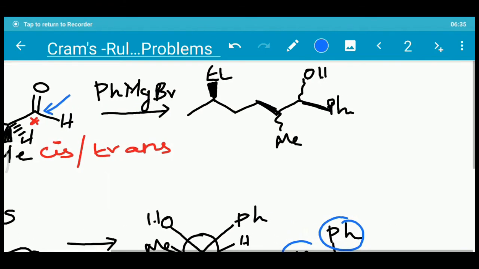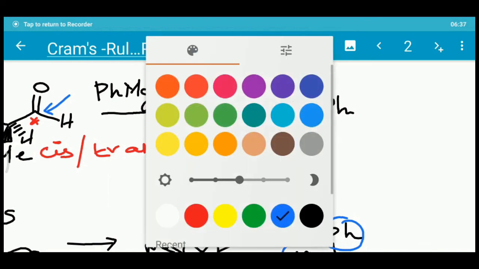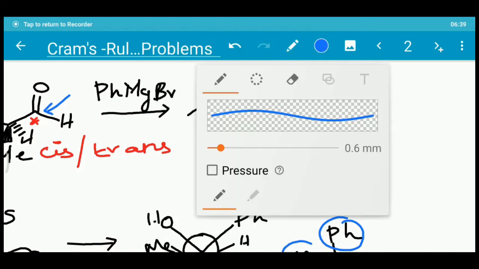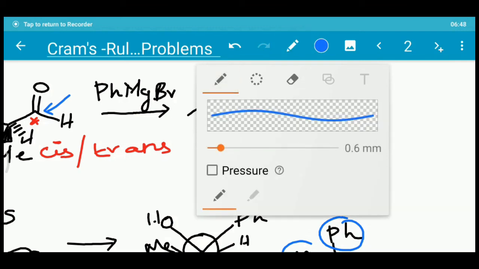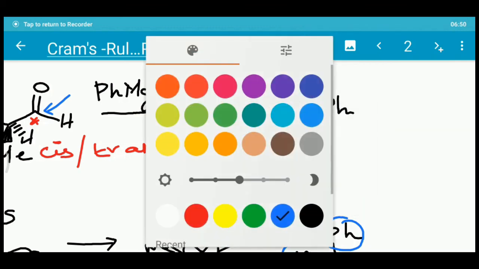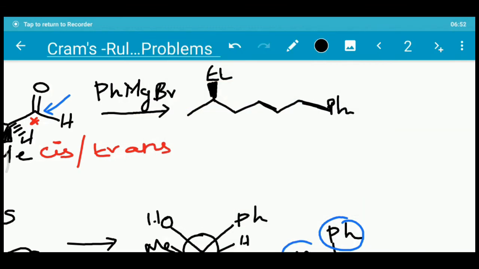If that is the situation, then we have to make these two groups cis to each other, so we will draw a cis structure. So I have my cis groups over here.